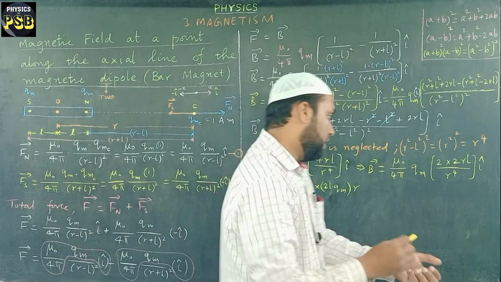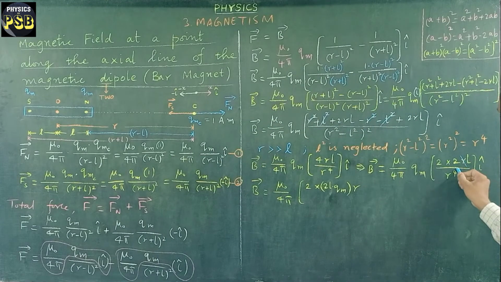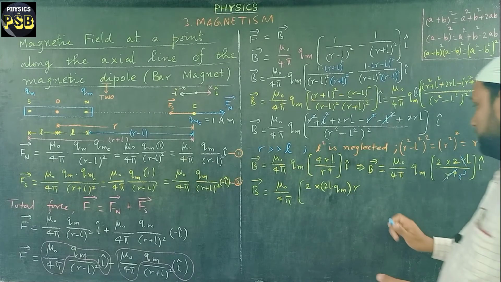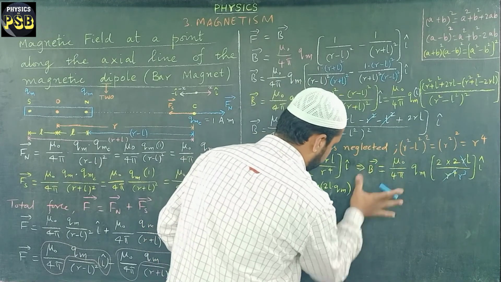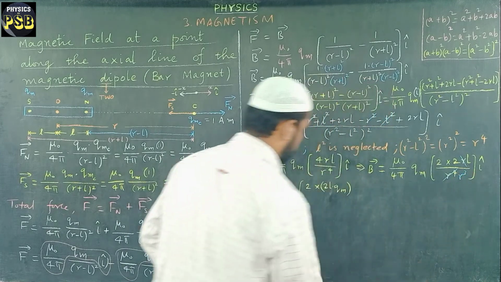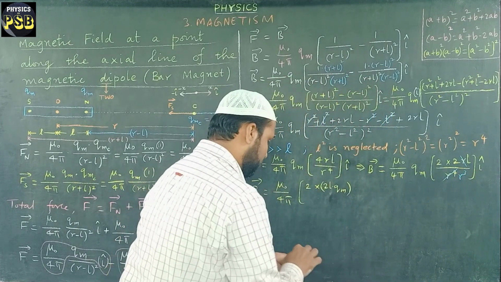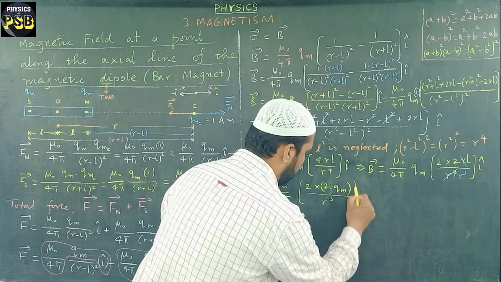Or one more thing I can do: this r and this r get cancelled. It becomes r power 3. So r does not exist here, it's r power 3. So down what we have is this r power 3.